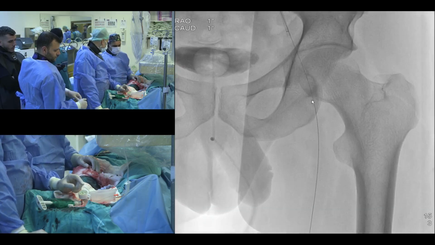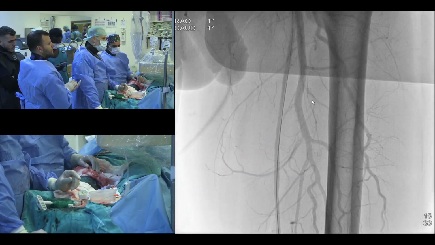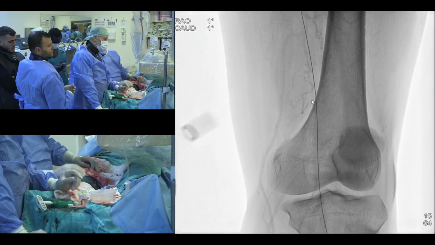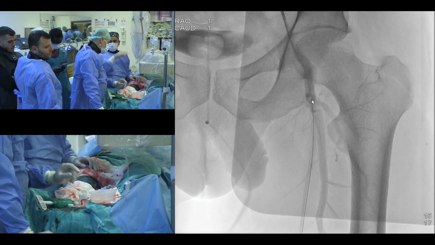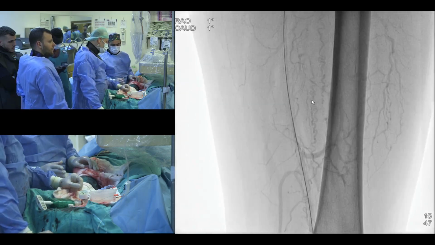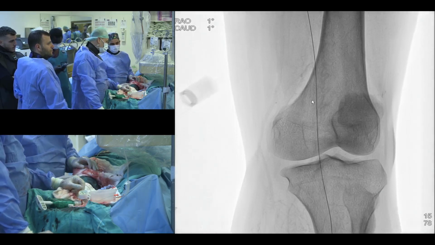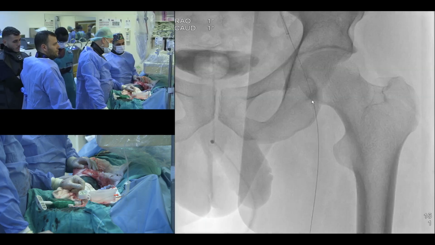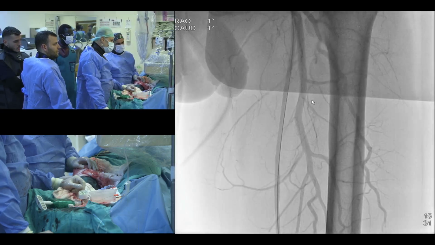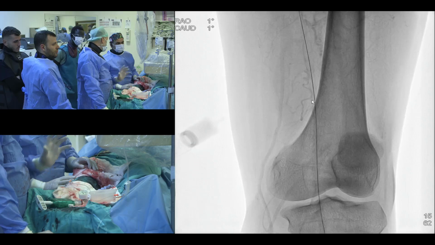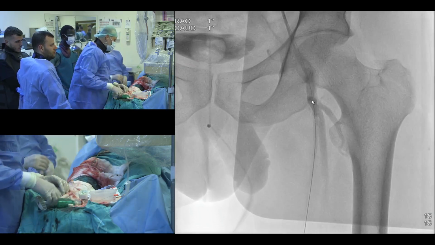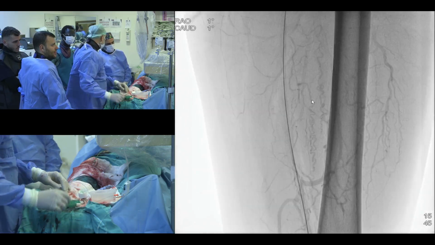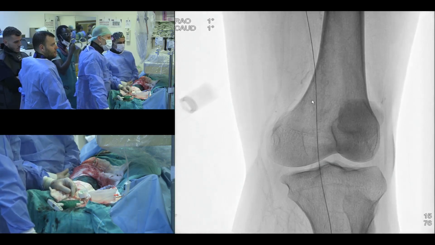Now, in antegrade puncture of the common femoral artery, first we cross to the profunda, and by roadmap, because I was sure about the location, it was the common femoral artery, not the SFA or profunda. We introduced our sheath and have a roadmap.